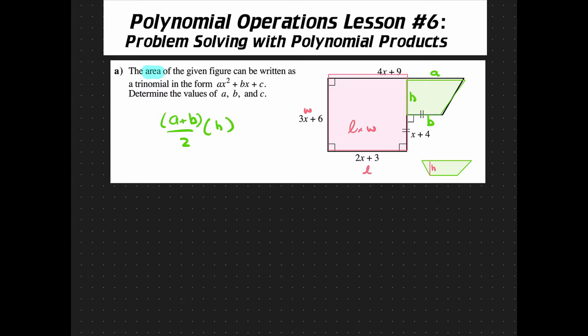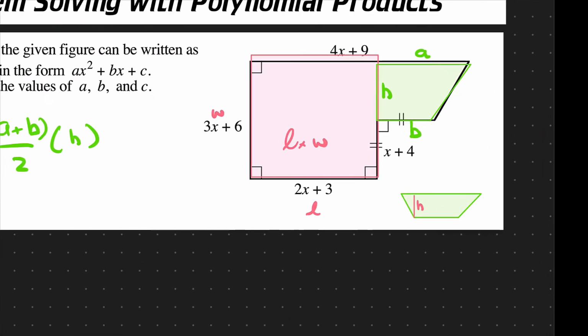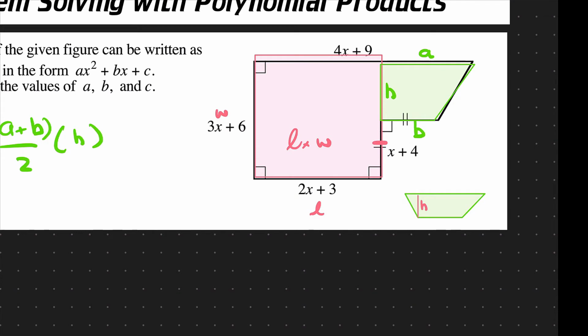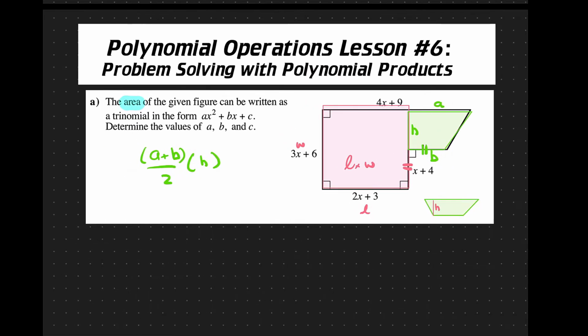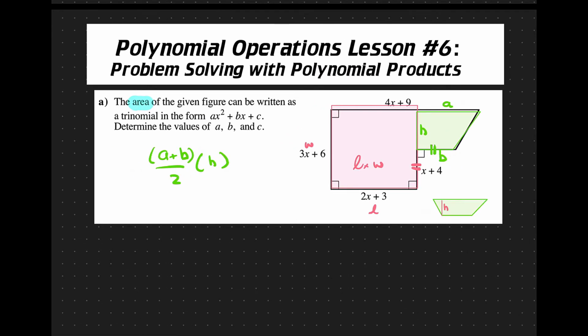You can see these 2 pink little hash marks. Because there's 2 of them, it's the exact same length as that. So that means B right there is going to be equal to x plus 4.